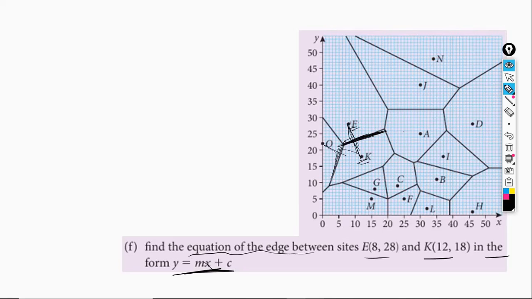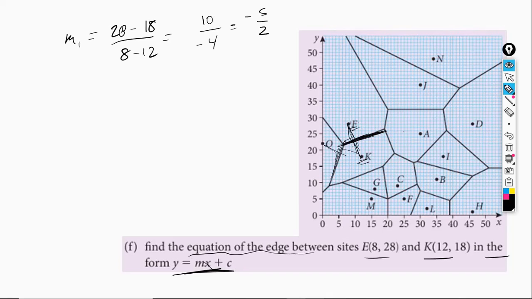All right, so the slope from E to K would be 28 minus 18. Let's call this M1, slope 1. So 28 minus 18 over 8 minus 12, and this is going to equal 10 over negative 4, and this simplified is negative 5 halves.